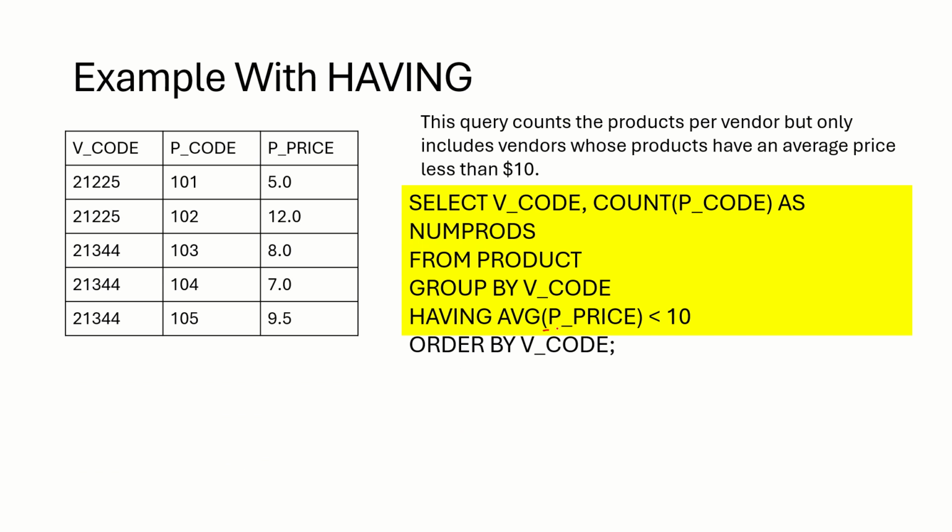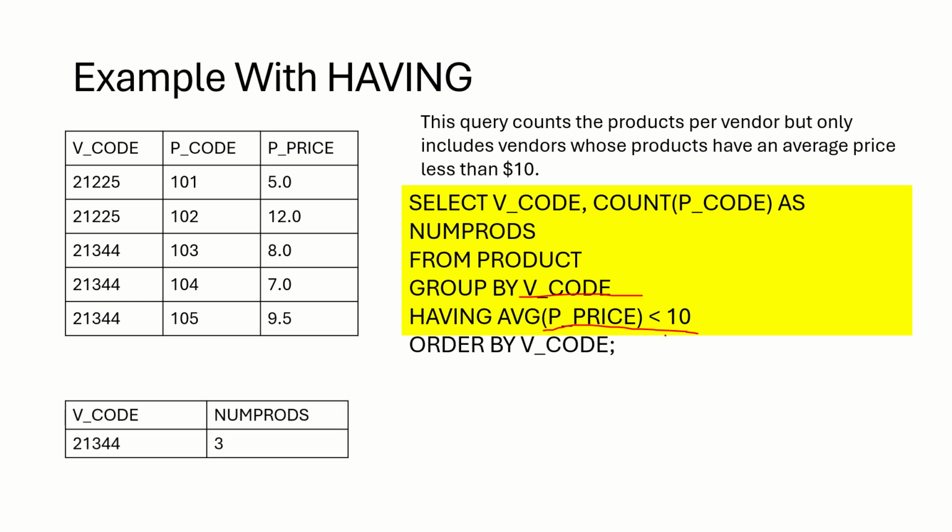So based on the group, we need to use the HAVING clause with the average P price. That means we group by the V code, and for each V code we get the average of each group.